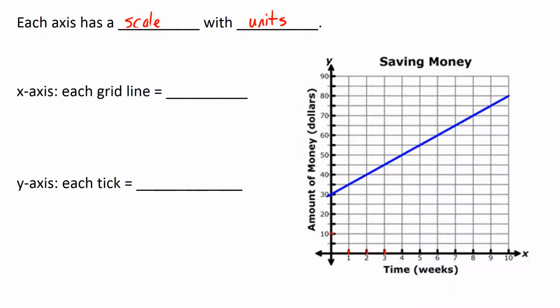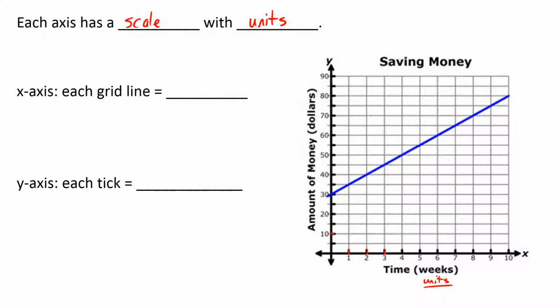That's what we call the scale. And the units are in the brackets here. So it's not 1 hour, 2 hours, 3 hours. We're told by the scale that it's 1 week, 2 weeks, 3 weeks. So we have a scale, that's the numbers, and we have units to tell us what those numbers mean.